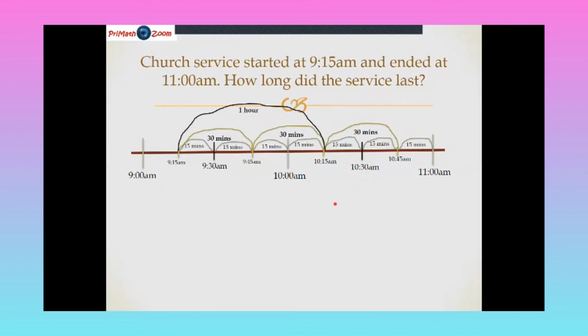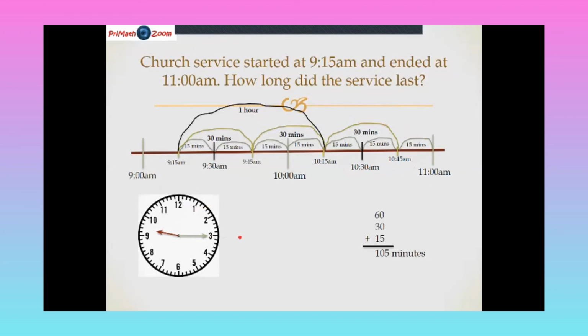Now let's check this out using the clock face. So now this is the clock face. And on the clock face, do you see what time it is showing? Yes, it is showing 9:15.